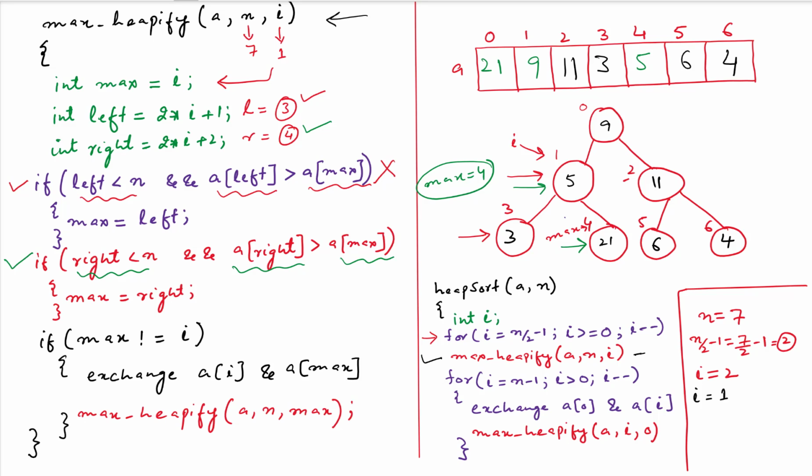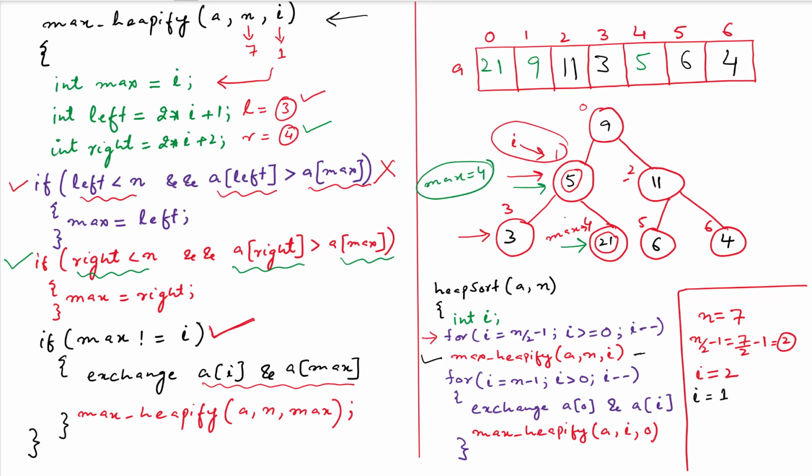Then when we come down and reach here, we will check this condition. If max is not equal to I, yes, that's true, because max is having value 4 and I is having value 1. So in that case these two are not equal. Then what we have to do is exchange a of I and a of max. A of I is this element, that is number 5, and a of max is this element, that is 21.